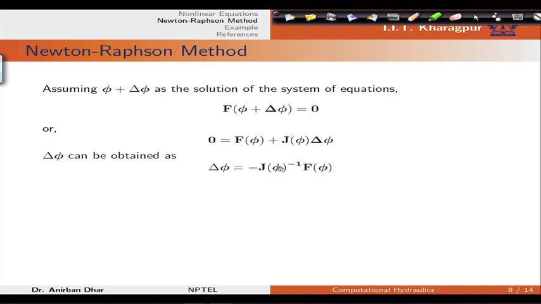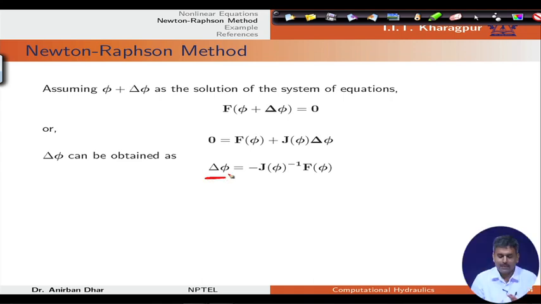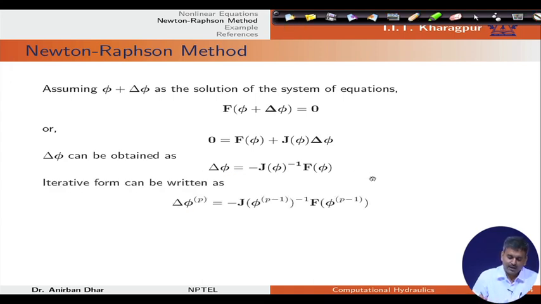Now, for a particular point phi, if we apply this del phi increment, we should get the solution. So, we can apply this increment, and we can write it in iterative form.